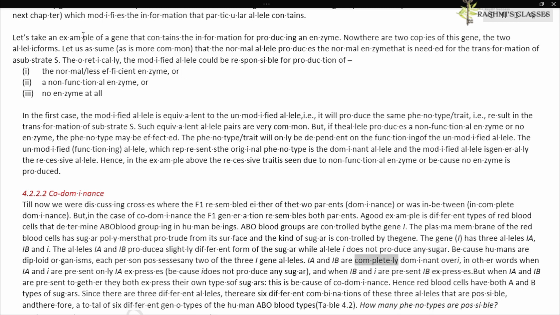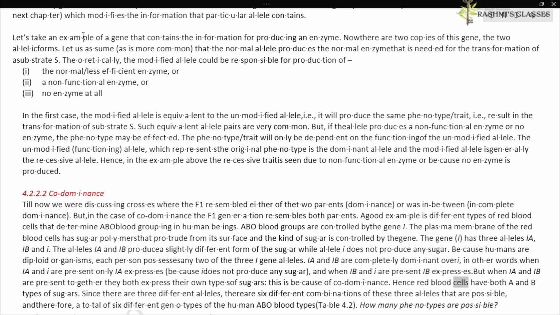IA and IB are completely dominant over i, in other words, when IA and i are present, only IA expresses, because i does not produce any sugar, and when IB and i are present, IB expresses. But when IA and IB are present together, they both express their own types of sugars. This is because of codominance.